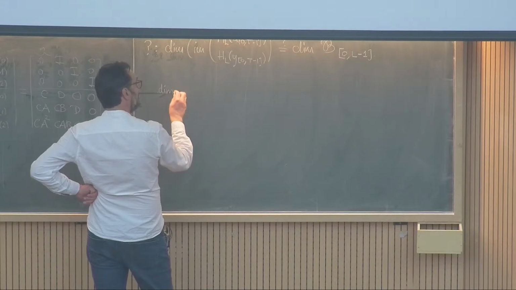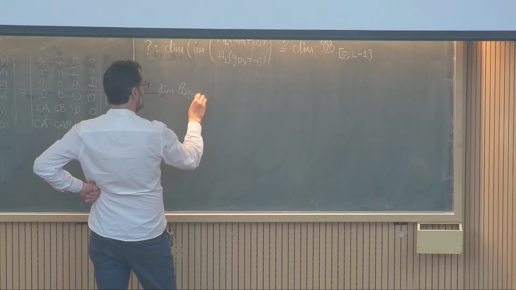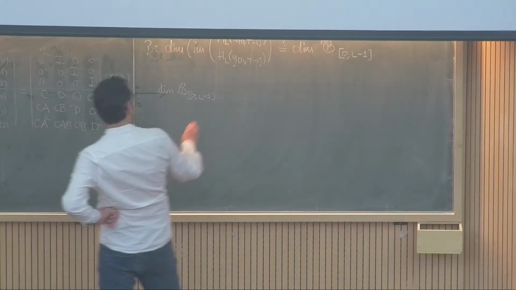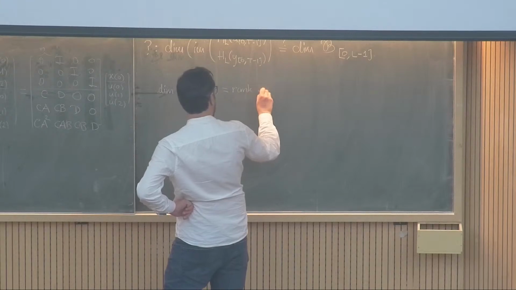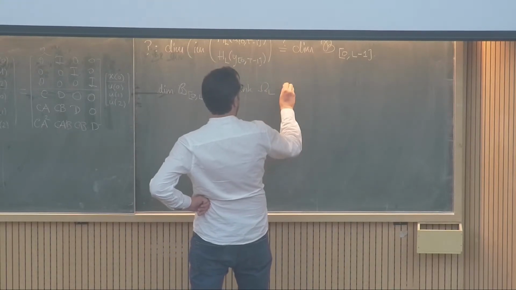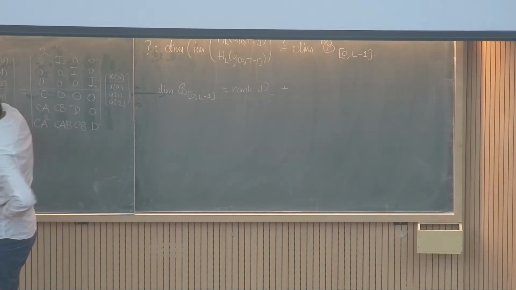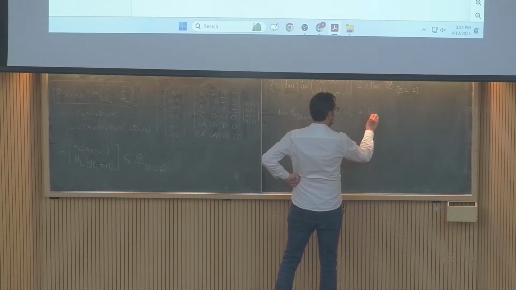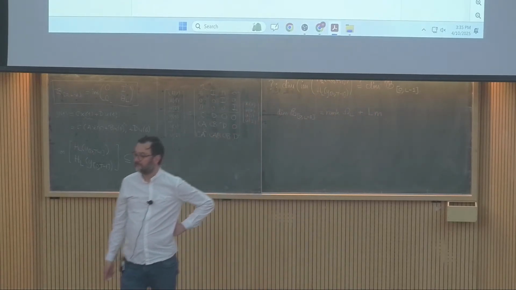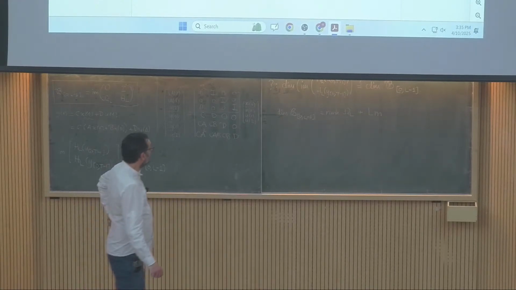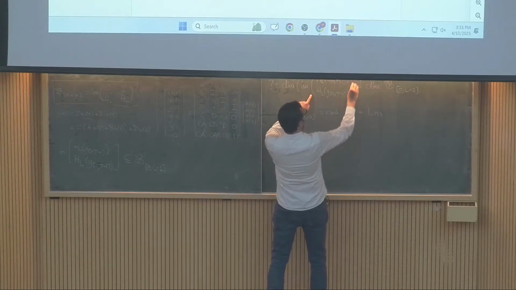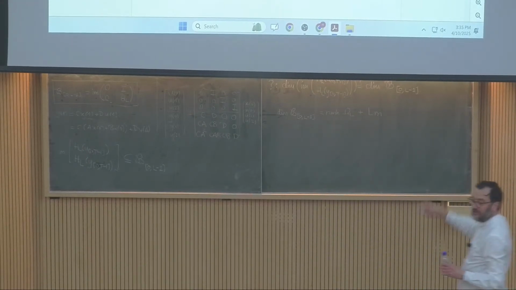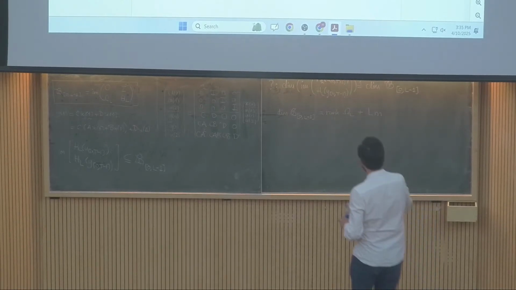First I write the dimension of B. It is equal to the rank of omega L plus the size of this identity, which is L times M. Now, sorry, it is enough to show that this other dimension is the same, right?